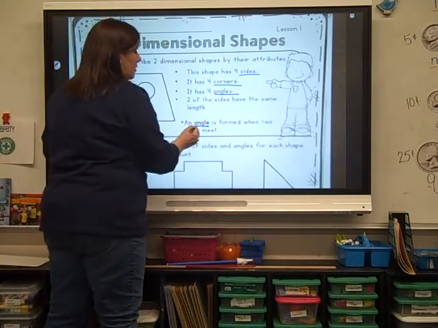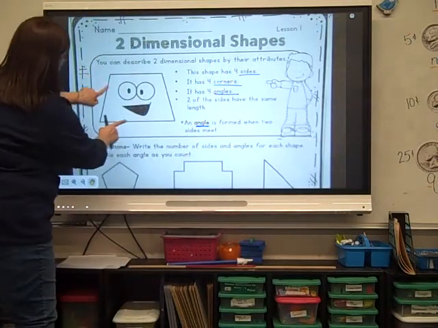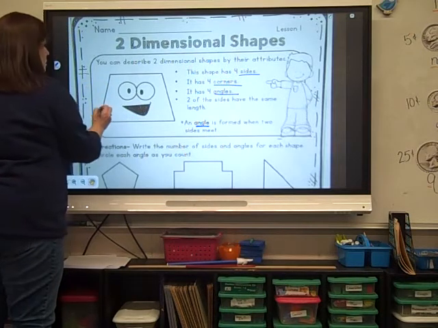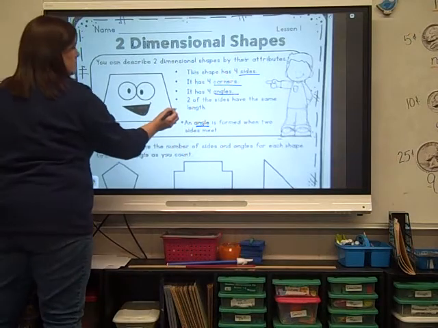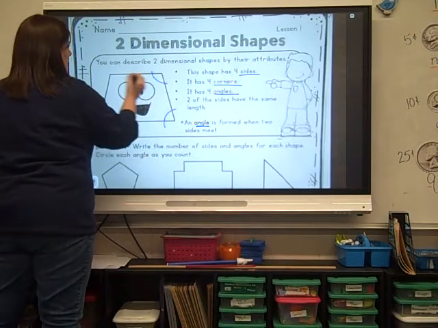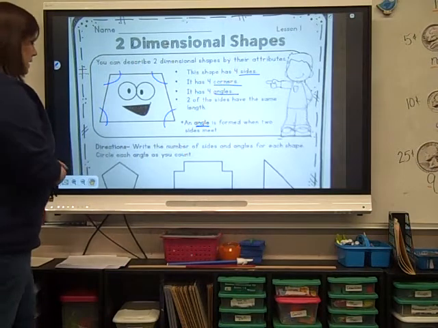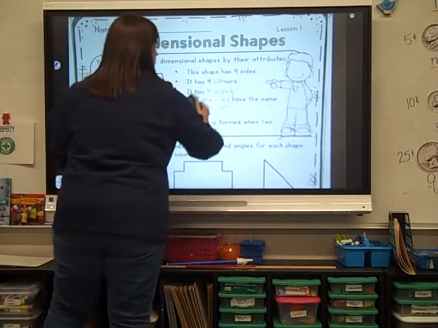An angle is formed when 2 sides meet. See where these 2 sides meet? It's like that. That's the angle. And you usually mark an angle by doing that. 1 angle, 2 angles, 3 angles, 4 angles. Okay? All right. I'm going to erase this.